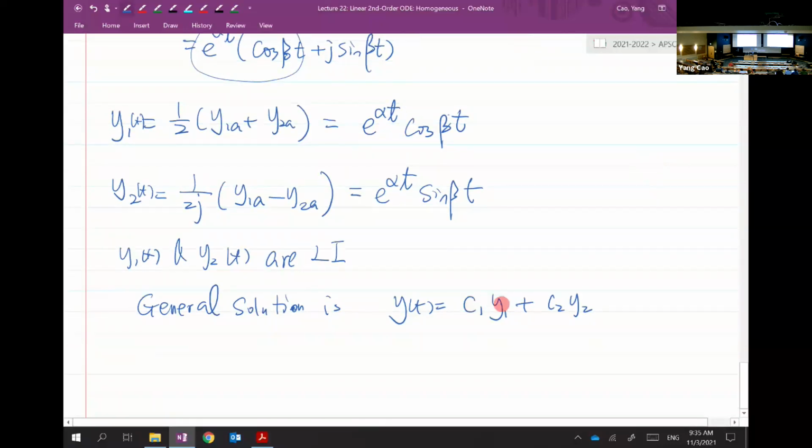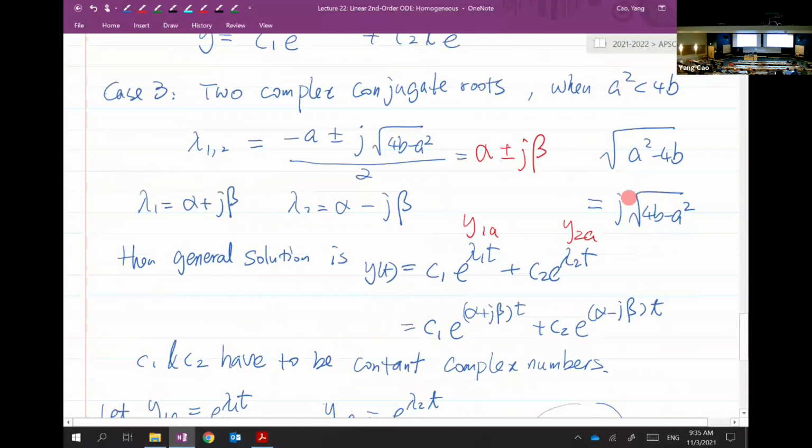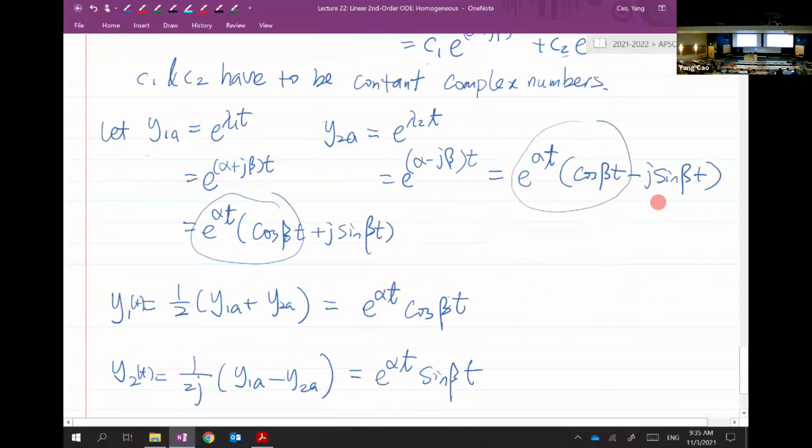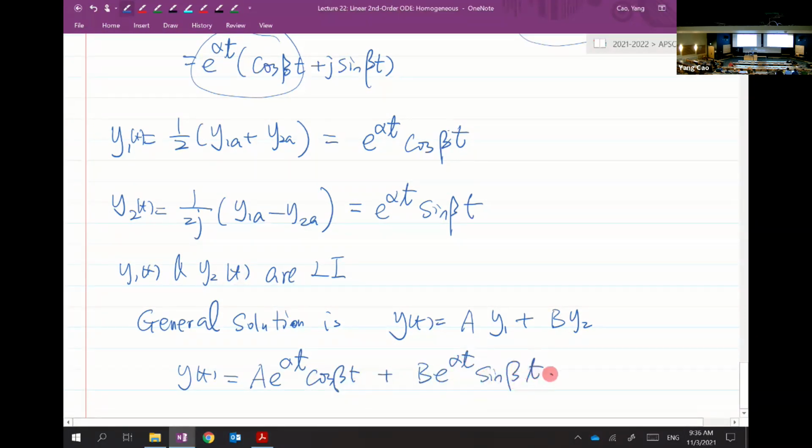This time, because I already used C1, C2 when creating this using the complex conjugate, let's use different symbols for the constants. Let's call them A and B, as long as they are constants, it's fine. So y of t equals A e to the power of alpha t cosine beta t plus B e to the power of alpha t sine beta t. This is the general solution when the roots are complex and conjugate.